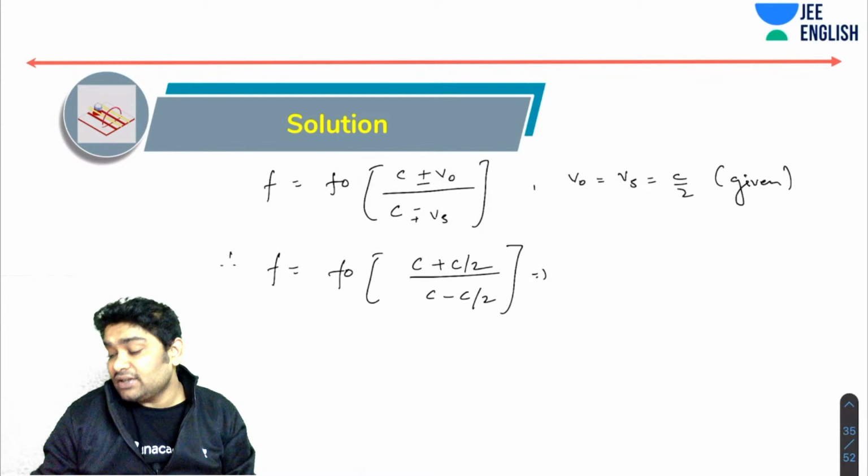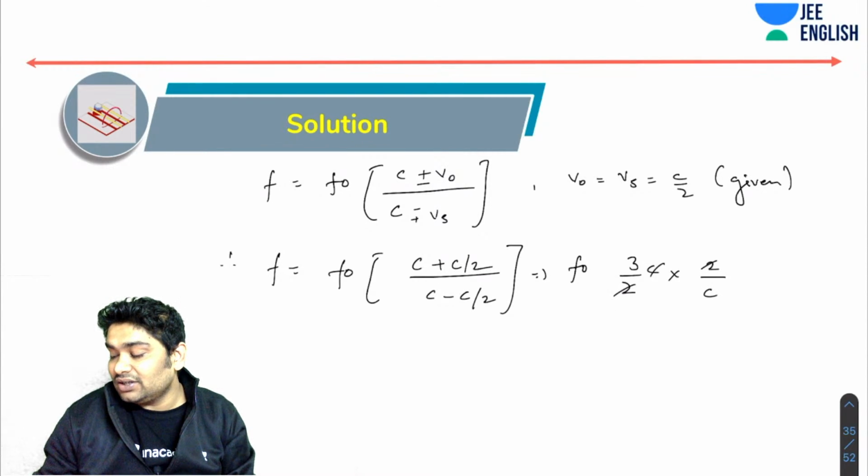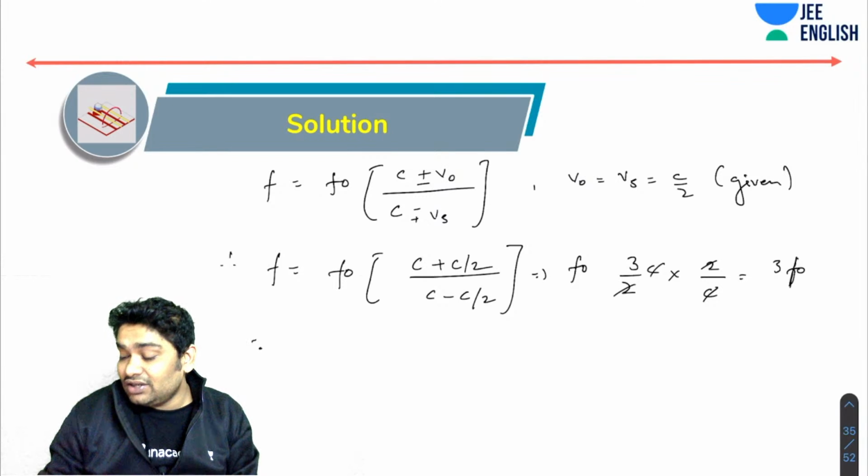So what I realize is that F equals F naught times 3 by 2 C over C by 2. So F equals 3 times F naught. So therefore, percentage change in frequency. You guys are absolutely right.